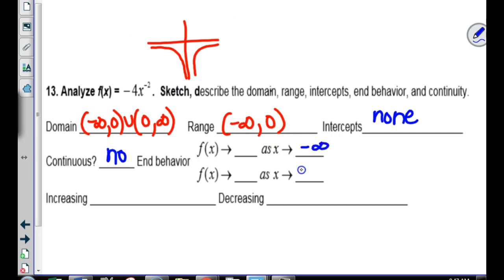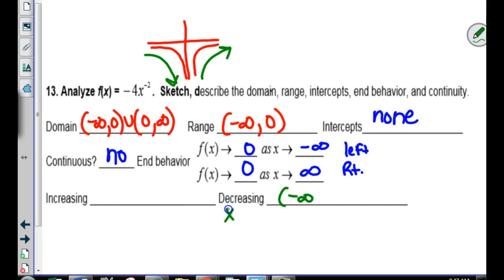Left end and right end. Okay, this one's left and right. What is y approaching on both sides? Okay, as I trace left to right, this one's going down and this one's going, so decreasing.